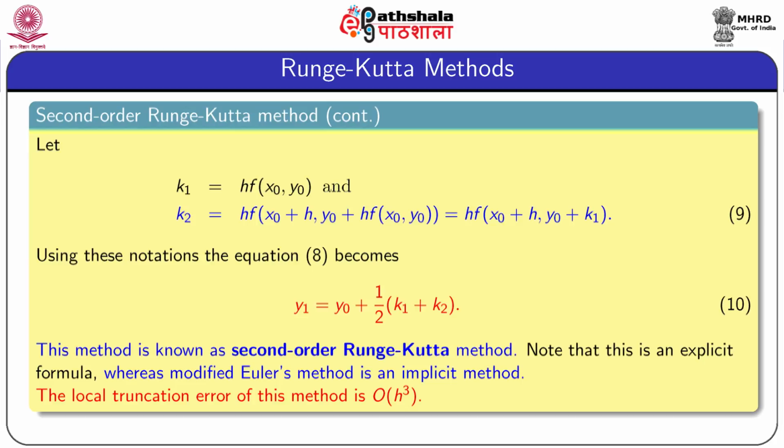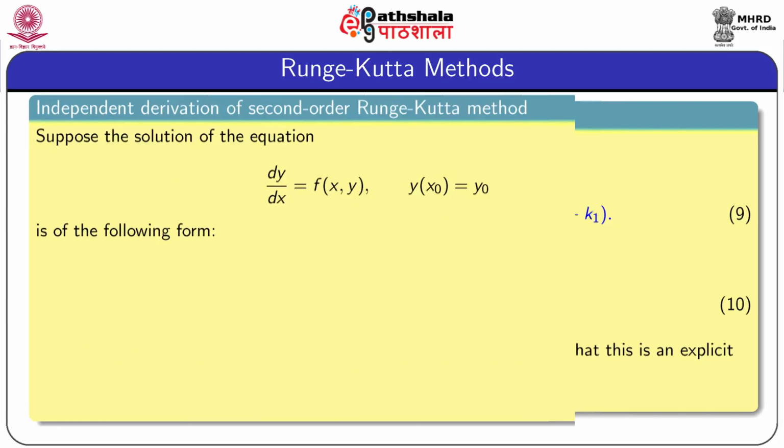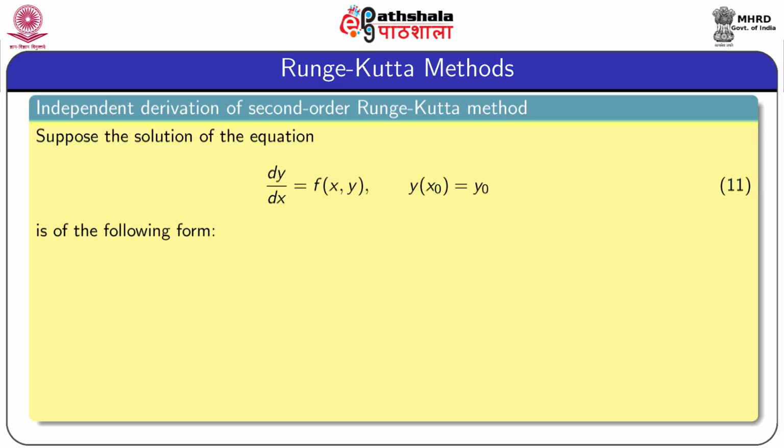Note that the local truncation error of this method is of order h cube, where h is the step length in the arguments. This formula, that means the second order Runge-Kutta method, can be derived independently, that means without taking the help of the modified Euler's method.